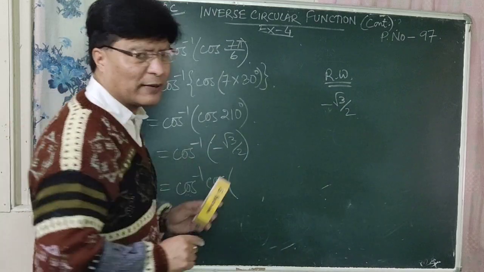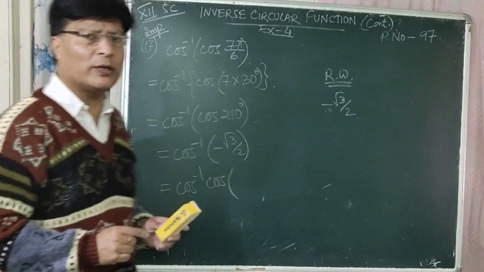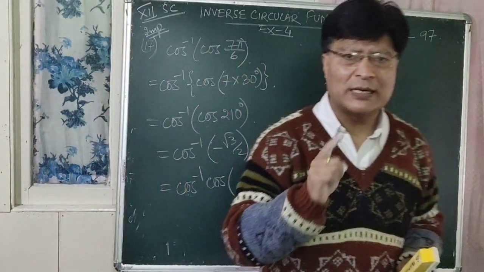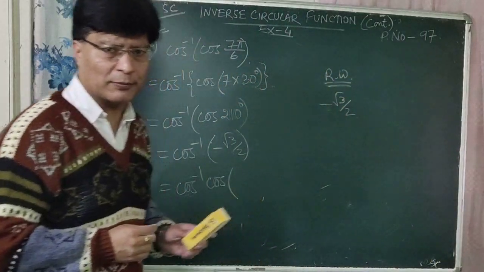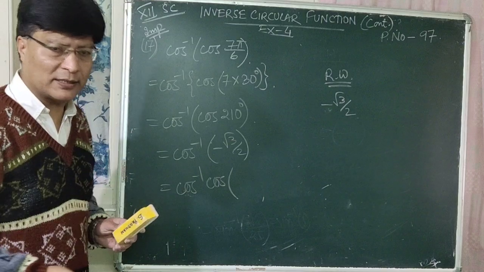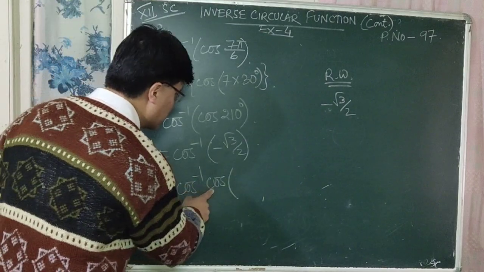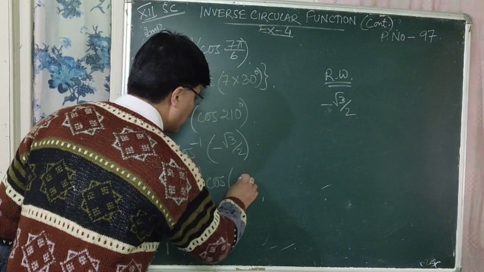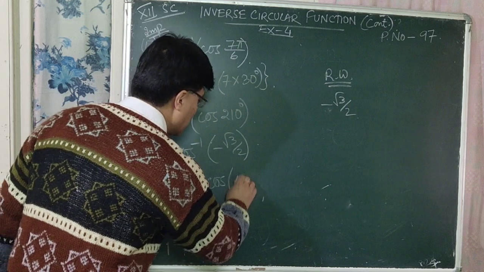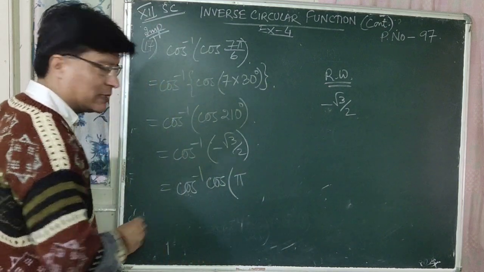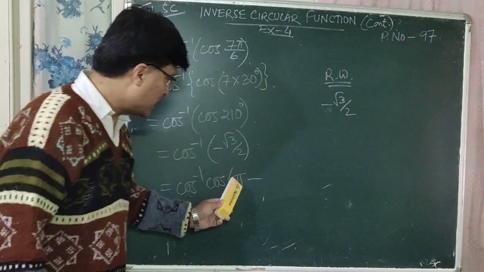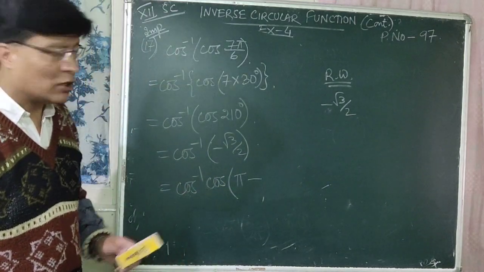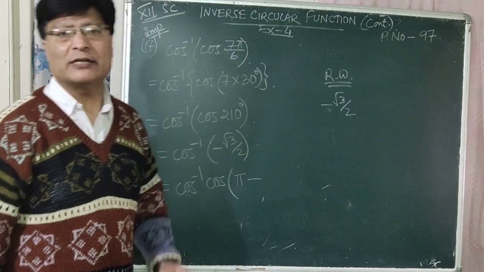In the previous problem, I told you the reason why we are writing 180 minus but not 90 plus. You can revise it, right? So cos inverse cos of pi minus what? 180 minus, cos of which angle is root 3 by 2?